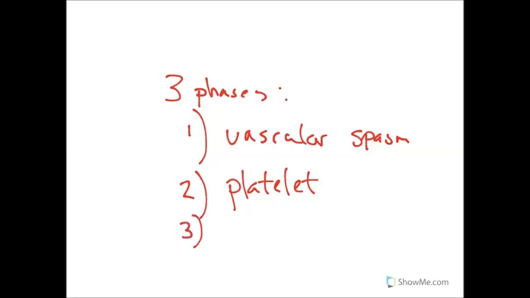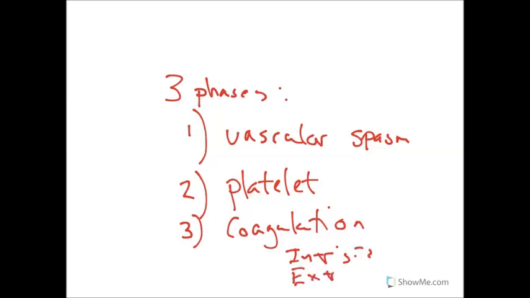And then three is our coagulation phase, which is involved with an intrinsic pathway and an extrinsic pathway, and these two feed the common pathway. We'll look at all those pathways in a later video.